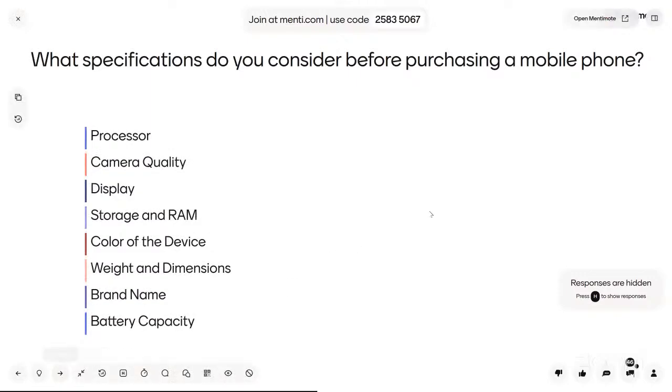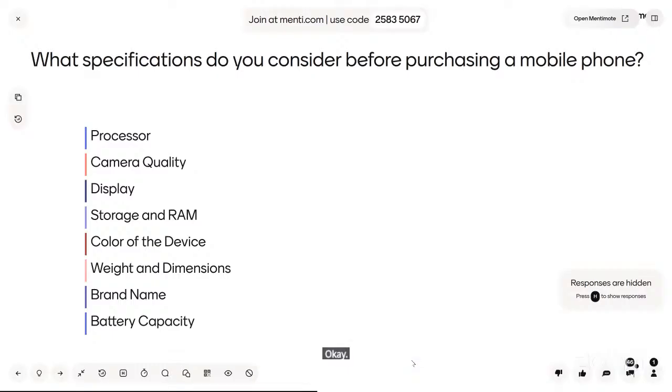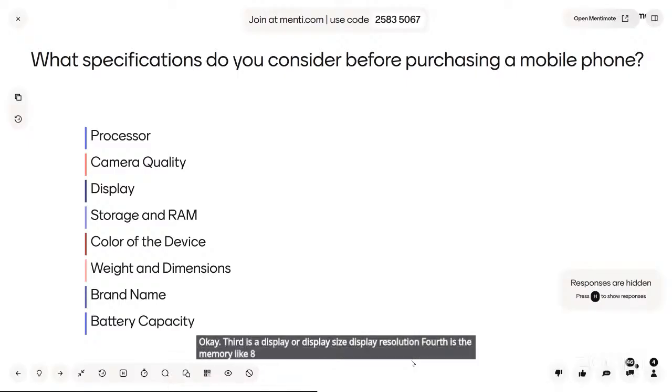Now, if you are purchasing a mobile phone at a shop, you think about some particular specifications. One is the processor, second is the camera, third is the display size and display resolution. Fourth is the memory, like 8 GB or 12 GB RAM, 128 or 256 GB storage.